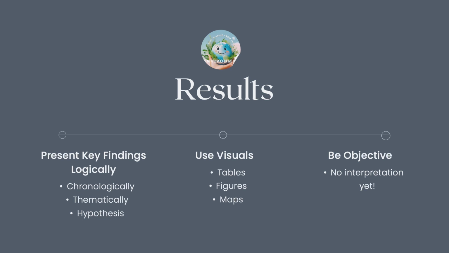Structure your results around your hypothesis or research questions. Use visuals like tables, charts, and figures to enhance, not repeat, your text. Visuals are your allies. Be objective, no interpretation yet.